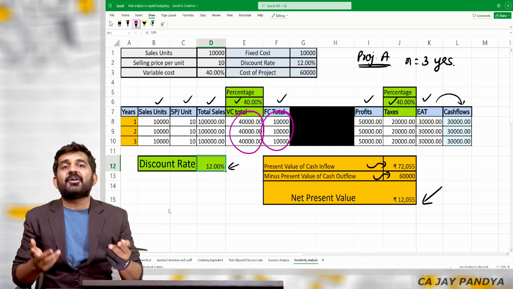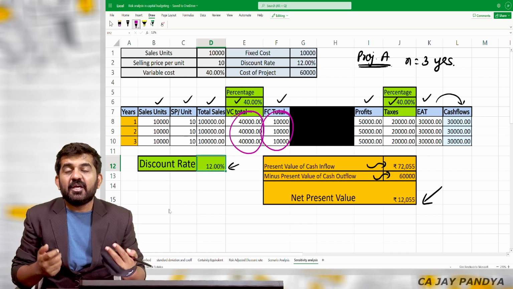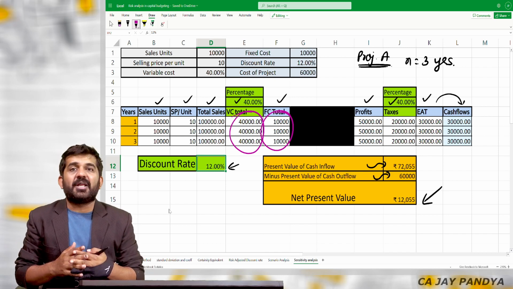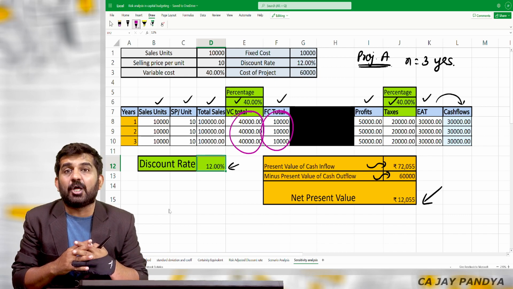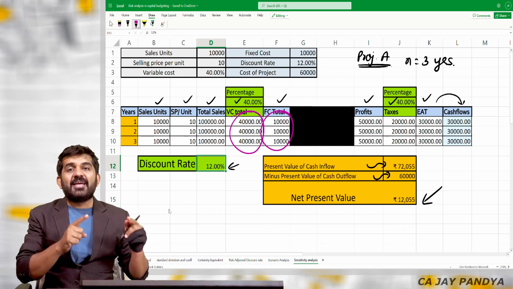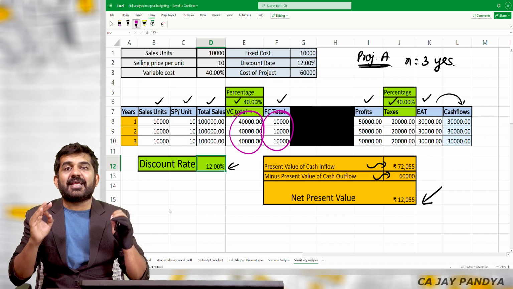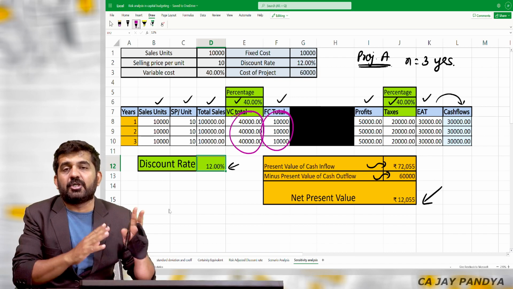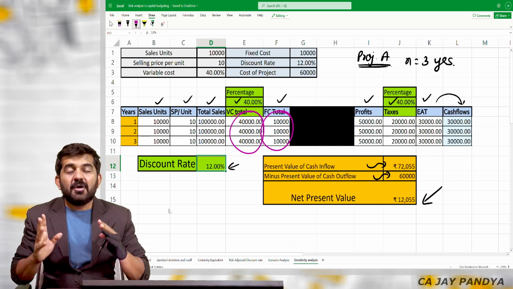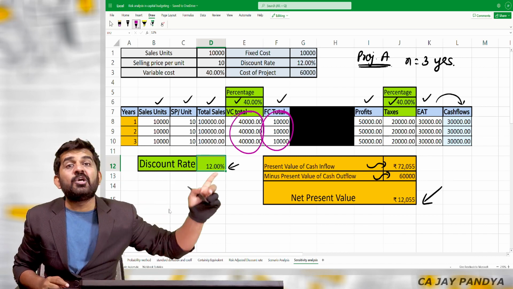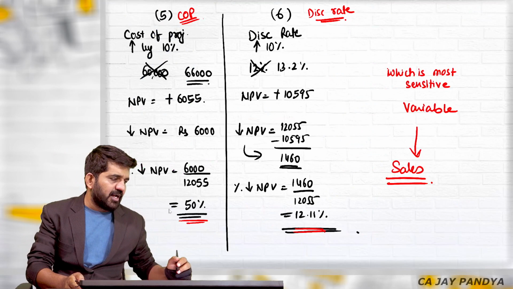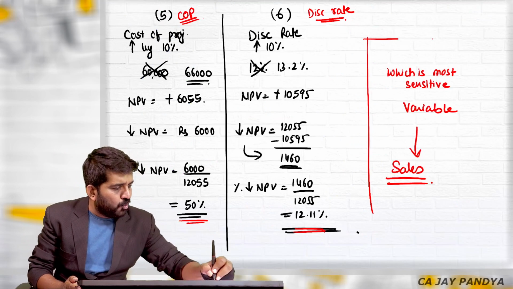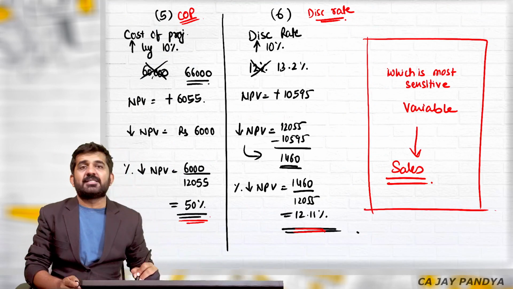If the economist says that it is very difficult to achieve the 10,000 target and a genuine target is 8,000, then the bank will consider sales at 8,000, see what the NPV will be, and take a call whether to give a loan or not. But why are they analyzing only sales? Because of our answer that the most sensitive variable is sales.